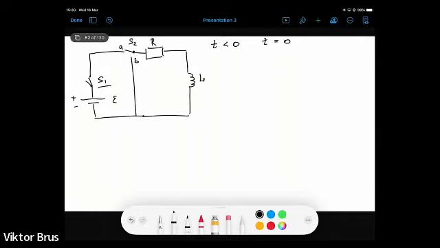In order to understand what is going to happen here, we need to follow Kirchhoff's loop rule, traversing the circuit in, let's consider, the clockwise direction.